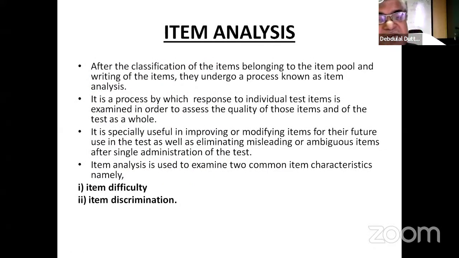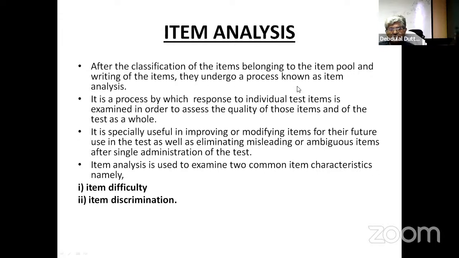Now I am requesting Ruchira to talk about item analysis. Okay, so after the classification of items belonging to the item pool and writing of the items, they undergo a process known as item analysis.